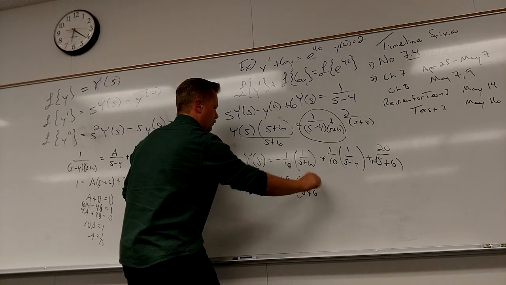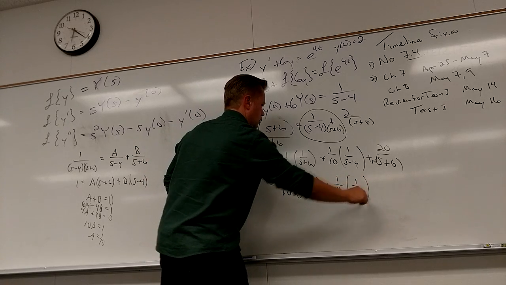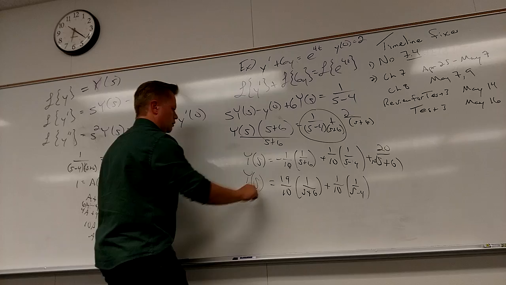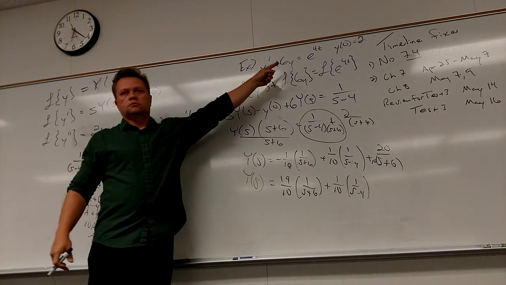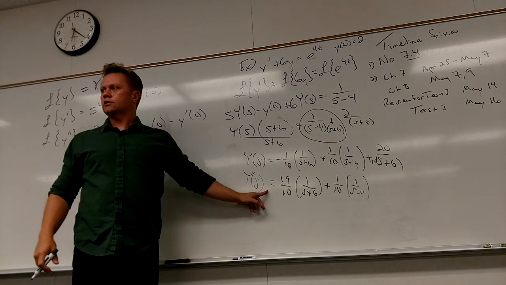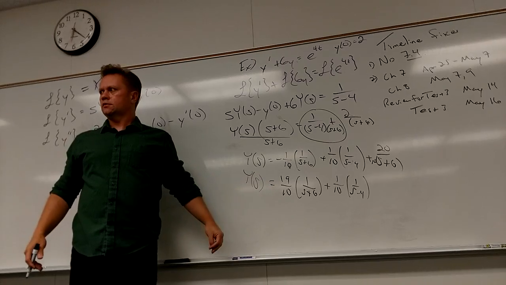I'm writing this way for a specific reason. Because what am I going to do now? My answer is going to be a function of t. I'm in s now, so how do I get back? Yeah, inverse Laplace. I like it.